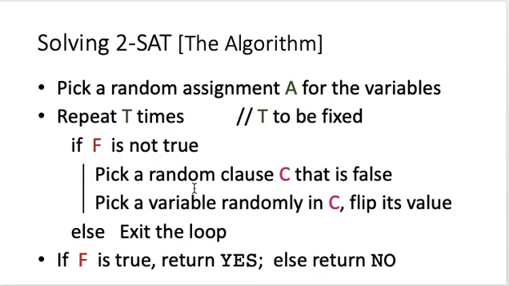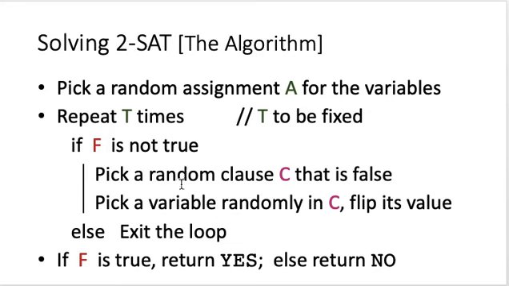So we know that if there exists a correct assignment that makes f true, then one of these variables, or both of them, are currently not the same as the current assignment. So we try to make some progress. We guess which variable is assigned incorrectly. So we pick a variable randomly from this clause C and flip the value.